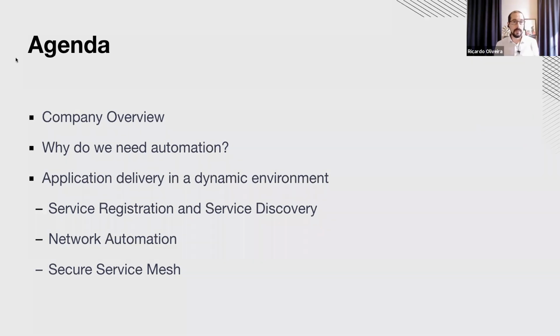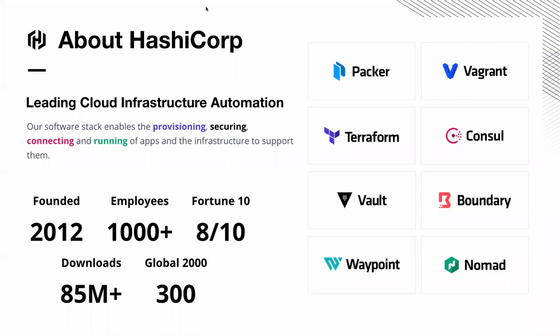So to start off, let me tell you a little bit more about HashiCorp. Usually you know us more from our products, really. HashiCorp started in 2012, and over the years, as you can see, we've been growing quite fast. We have now reached more than 1,000 employees, 8 of the Fortune 10 companies, and at least 300 of the Global 2000 companies, right?